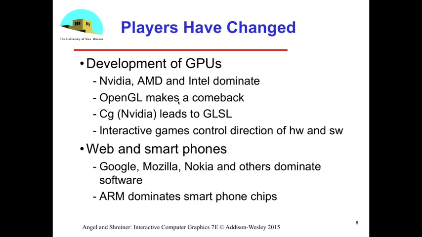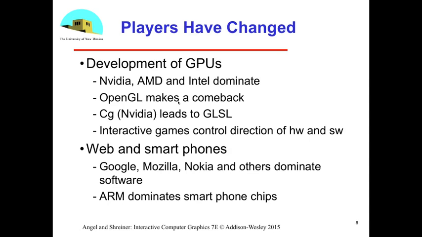Now we're seeing a real change in that the web has become incredibly important, and smartphones are becoming dominant. If you look at what's going on in games now, the large-scale games, or the companies that develop them, are not doing as well as they were a few years ago, because everybody wants games that will run on handheld devices and also run on the web.